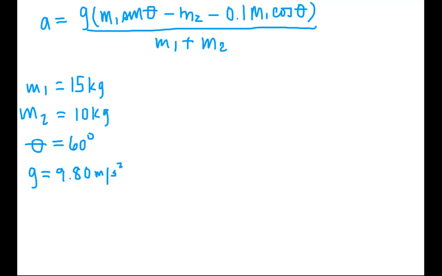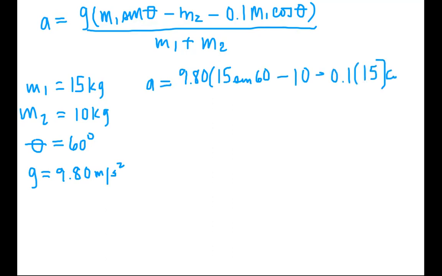Now, as we have it in terms of those variables, all we have to do is plug it in. So we have acceleration is equal to 9.80 times 15 sine 60 degrees minus 10 minus 0.1 times 15 times cosine 60, and that is all over 15 plus 10.